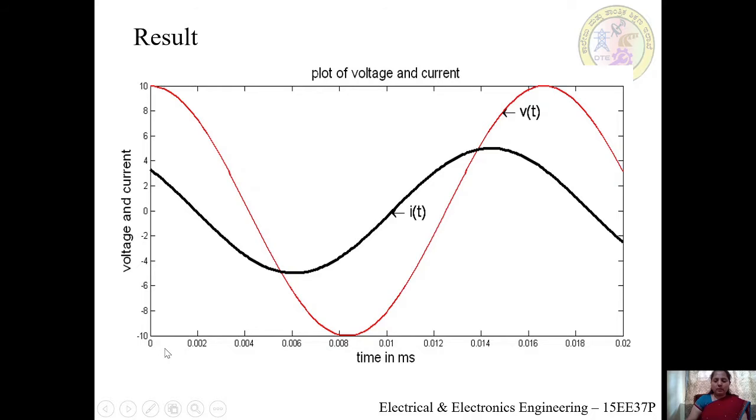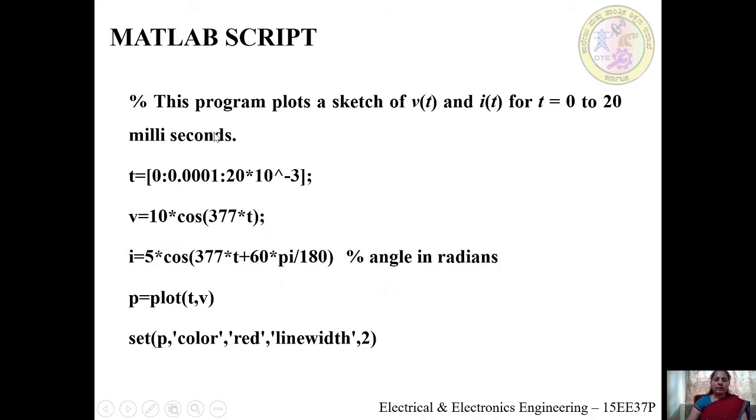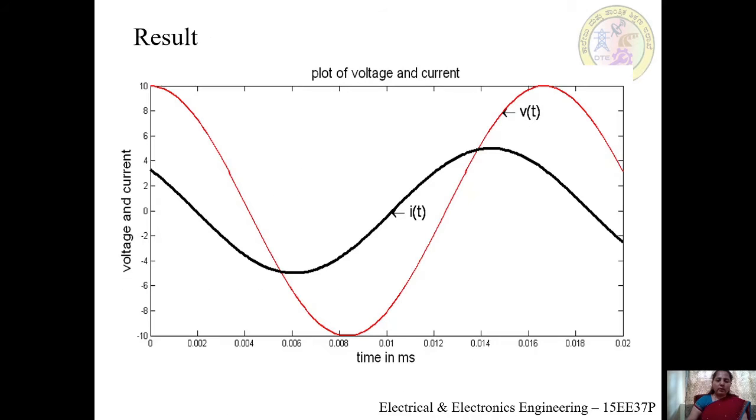So here in the script, I have chosen the increment value as 0.0001, that is nothing but 1 milliseconds. So for every step of 1 milliseconds, I am going to calculate the value of V and also the value of I, current and voltage.